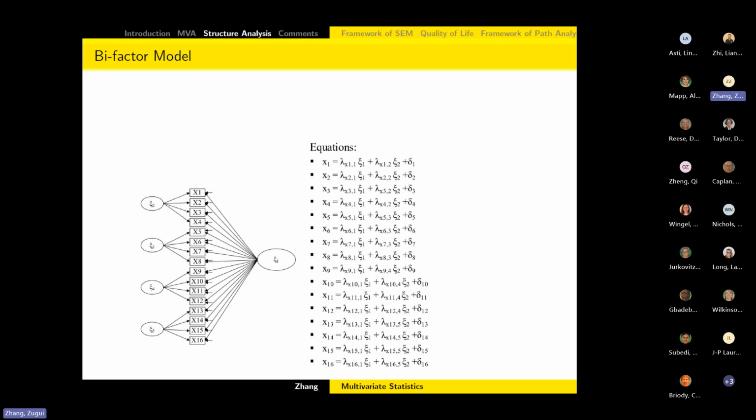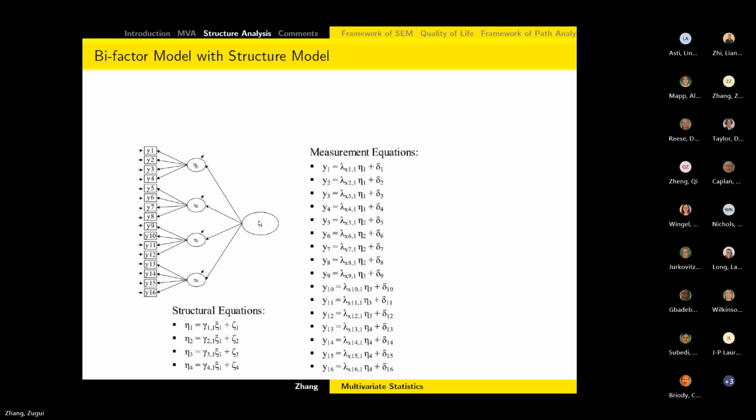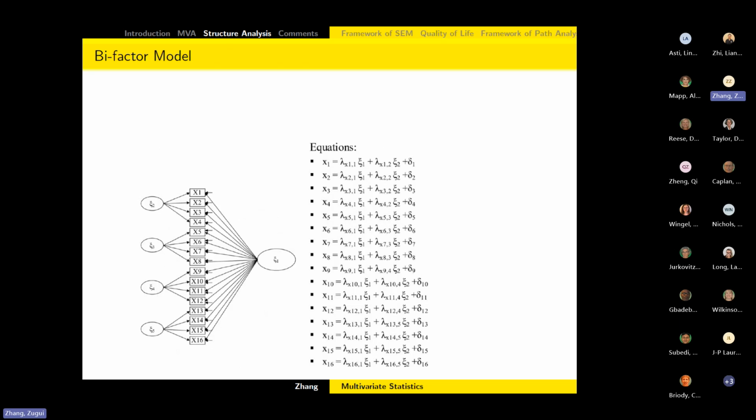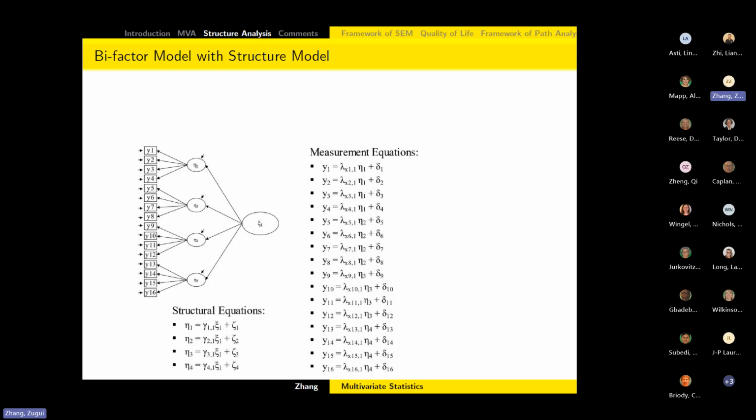And then if we have 16 or even more outcomes or independent variables, we can build up these equations. We build up the measurement equations for the independent variables, and then the measurement equations and the structure equations for the outcomes.